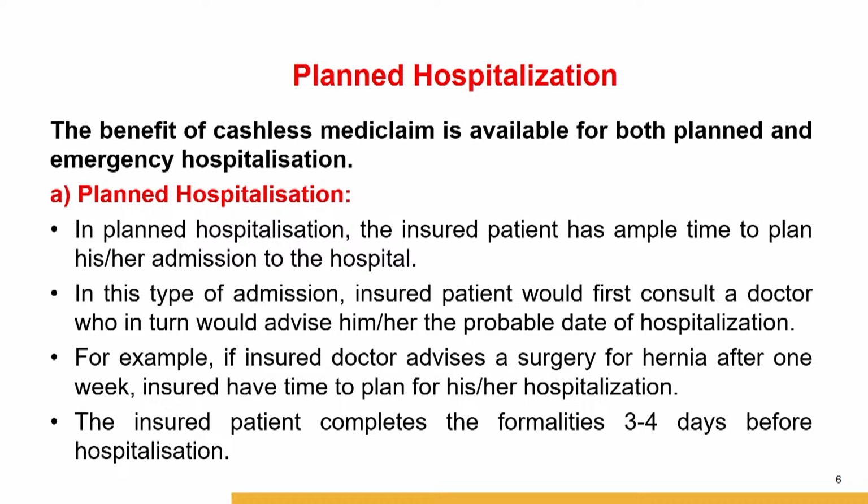Now, the doctor will see to it and will say that okay, we can plan the surgery say after 5 days, maybe 7 days, and all the cashless process is routed through that hospital's TPA department, who take care of claim settlement and will send all the documents to the TPA or claims department of the health insurance company. Now, the health insurance company also has ample time to see all the terms and conditions. If they want to investigate, or have further questioning, they can do it. So, this is a very ideal type of situation, a hospitalization where there is a planned hospitalization.